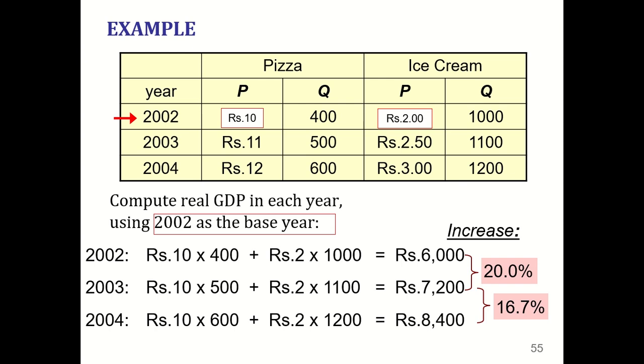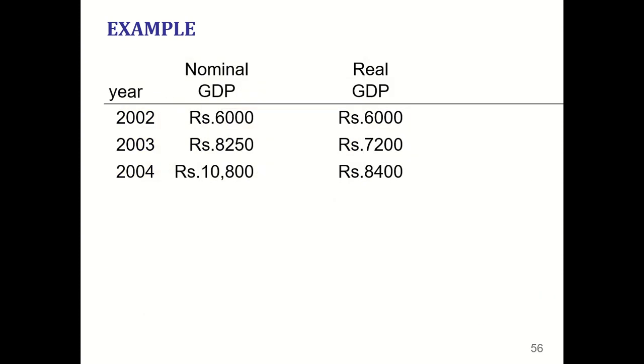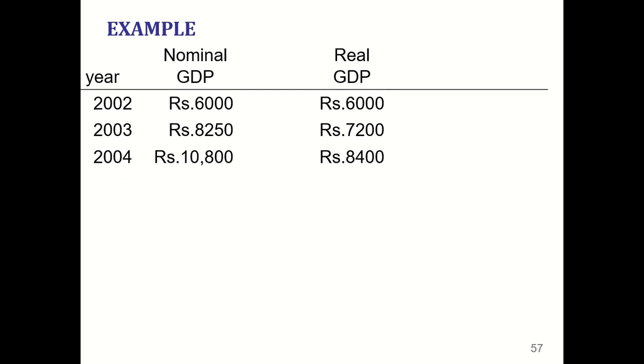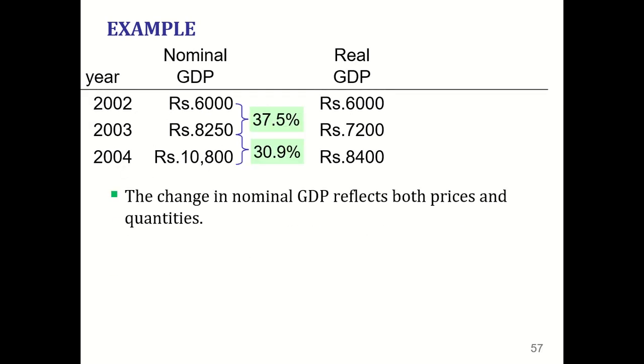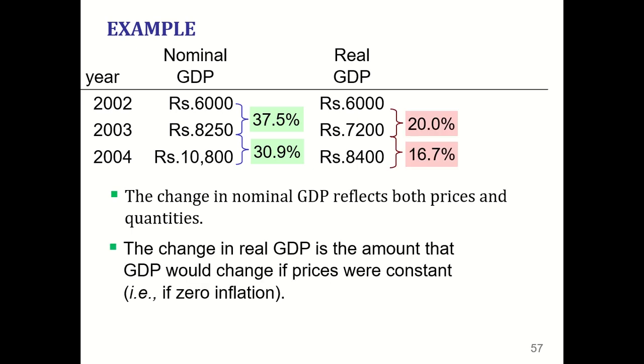Now, just to put things in proper perspective, let us put both the numbers together in this slide. If you see, the growth of the nominal GDP was 37.5% and 30.9%, whereas real GDP growth was only 20% and 16.7% respectively. So what is making the change?